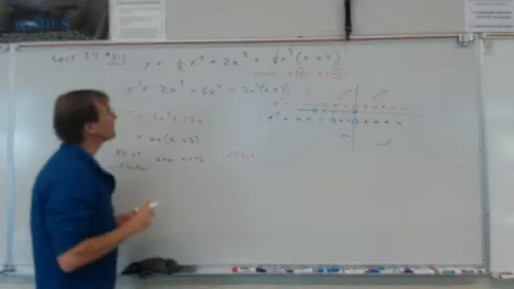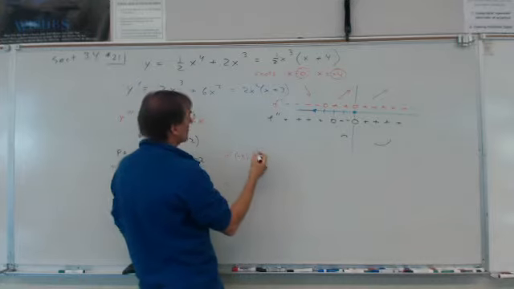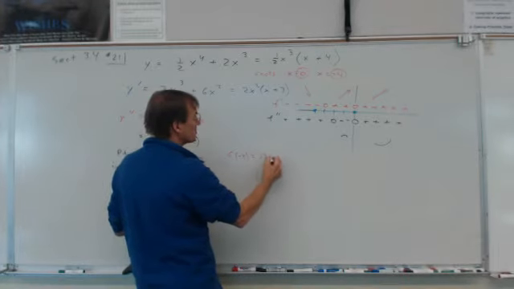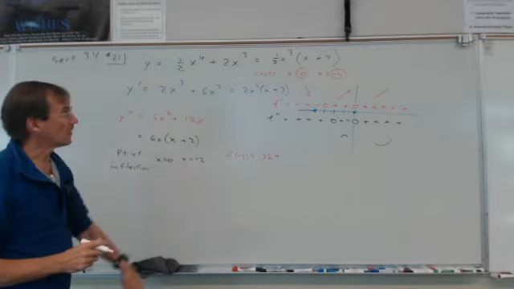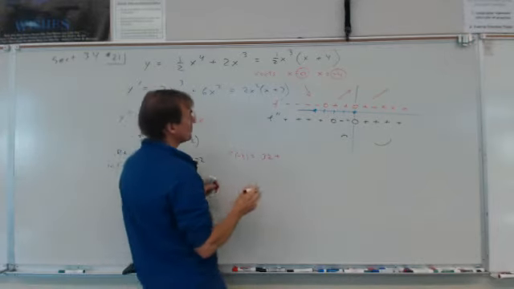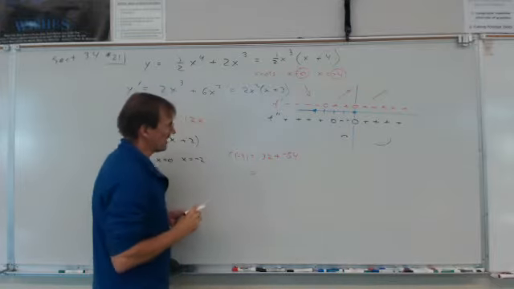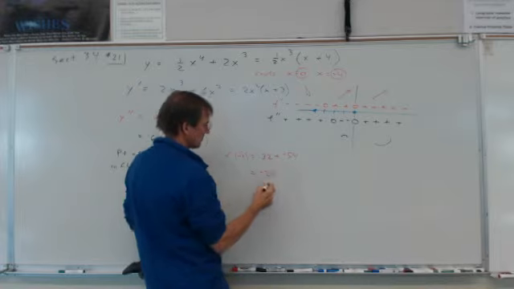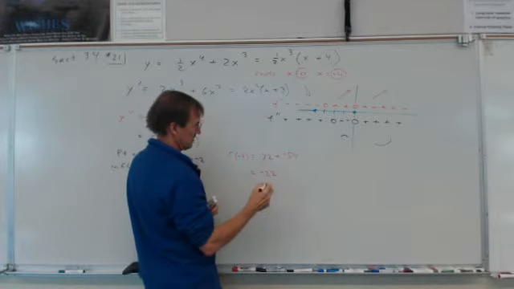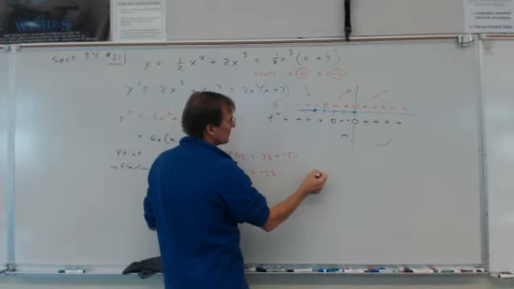It's going to be -3 to the 4th is 81, positive 81 over 2, and then plus -3 to the 3rd would be -27, times 2 would be -54. So let's see, what is that? -22. So here at 0, it's going to be down here at -22.